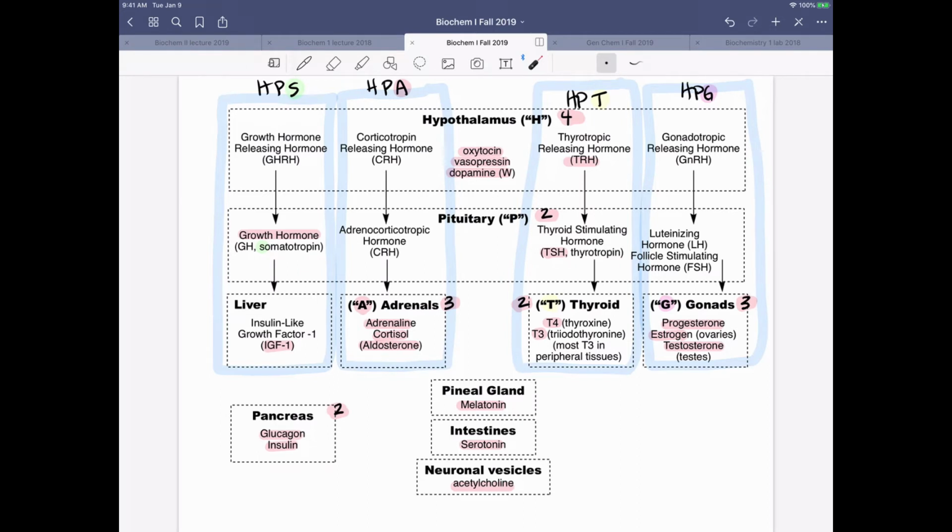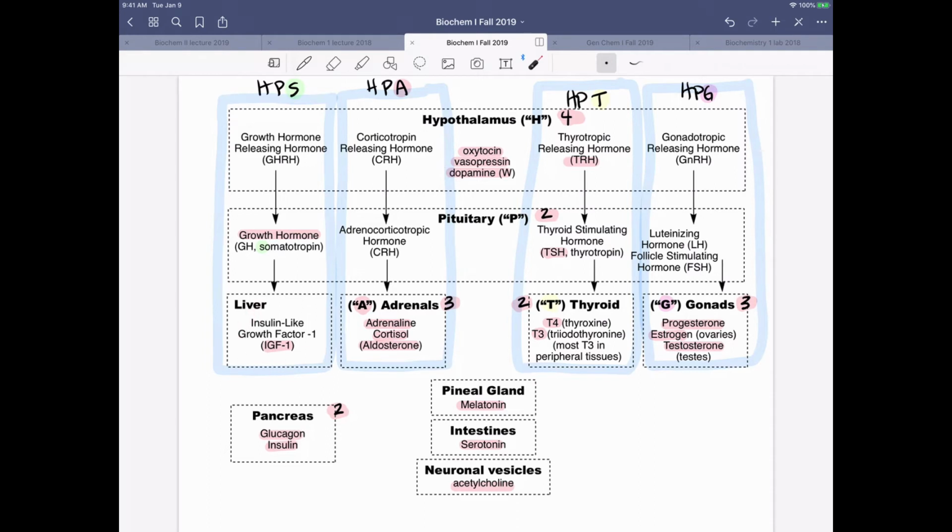All of the hypothalamic hormones have this releasing hormone part to them. The first part of the name tells you that this is a signal from the hypothalamus that causes the release of, for example, growth hormone, which is then released from the pituitary gland. Or it might have some information about what's released downstream from that. So we've got growth hormone releasing hormone that's going to stimulate the pituitary gland to secrete growth hormone, and then a downstream effector of that is in the liver.